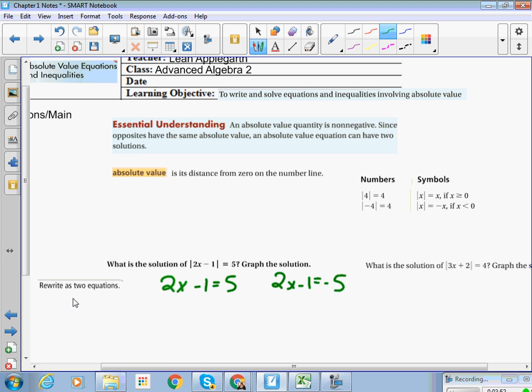I am not able to solve it with a plus and minus because sometimes it gets a little crazy on the right-hand side. So I just write 2 separates. Okay. And it keeps my brain a little bit clear. So for each of these equations, I'm going to add 1 to both sides. And divide by 2.